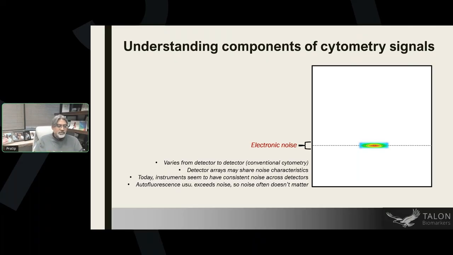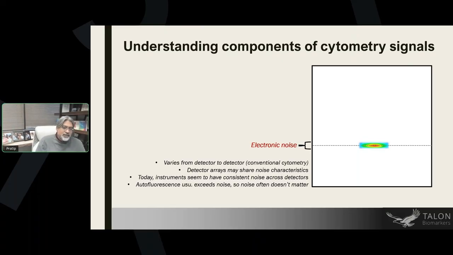Today's instruments, in my experience, have had consistent and good results for electronic noise. There's very little electronic noise, and it's pretty much even across the detectors, which is really a change from when we were first starting to do this work.